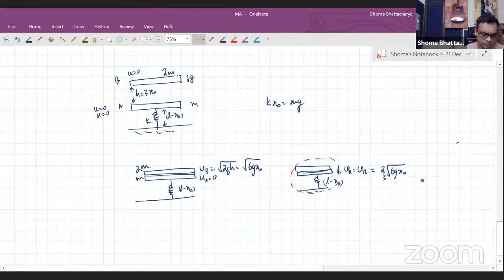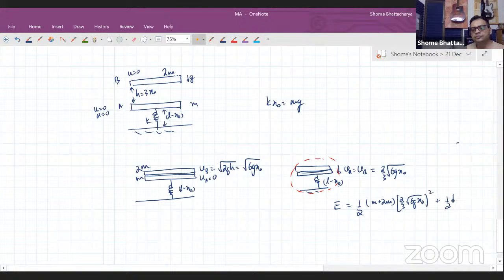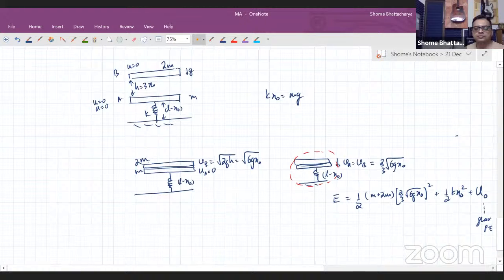Anyhow, this system now has a total energy of half into m plus 2m, that is 3m, into 2/3 root 6 g x naught whole square, plus some sort of gravitational potential energy. Let's write that as U naught. This is the gravitational potential energy.